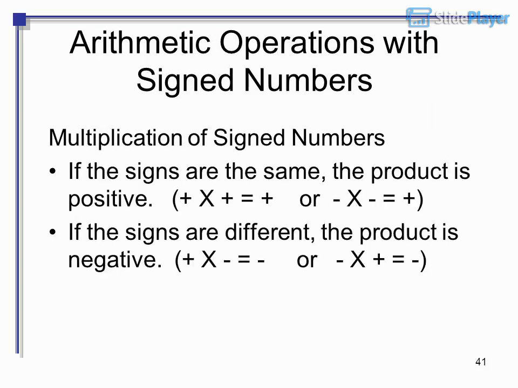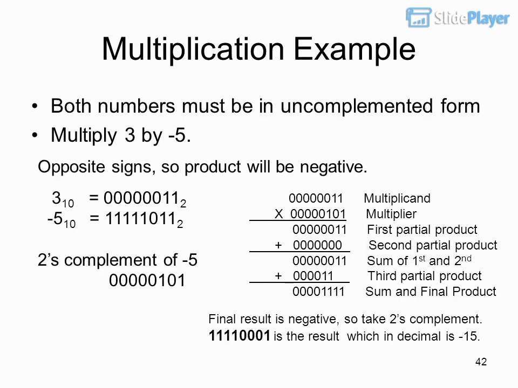Multiplication of signed numbers. If the signs are the same, the product is positive: plus times plus equals plus, or minus times minus equals plus. If the signs are different, the product is negative: plus times minus equals minus, or minus times plus equals minus. Multiplication example: both numbers must be in uncomplemented form.